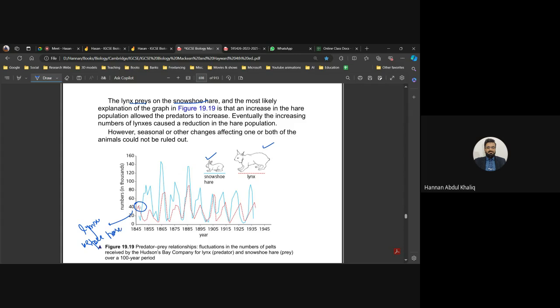It is very much evident that lynx were present before the hare. Then they started declining. You know why? Because there was no food for them, so they declined. When they were declining, the snowshoe hare was introduced by the humans, so they started proliferating. Now, can you justify this proliferation? Yes, we can. This proliferation is because the hares have no predators right now.